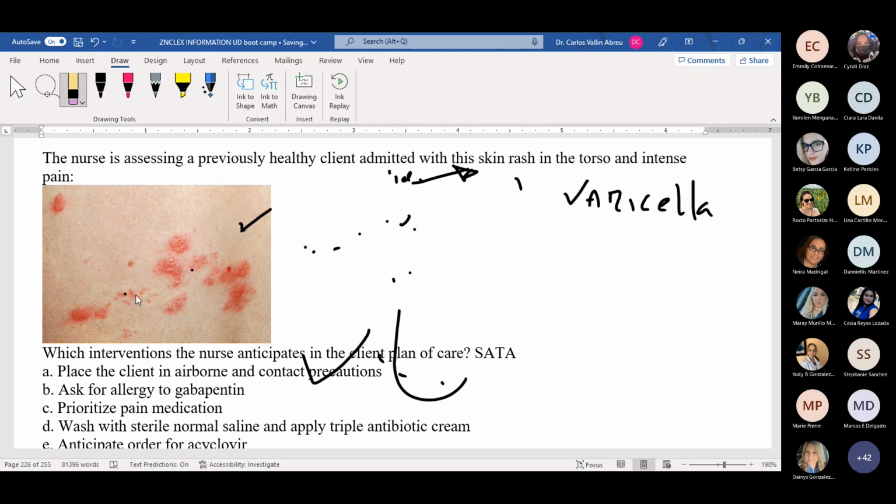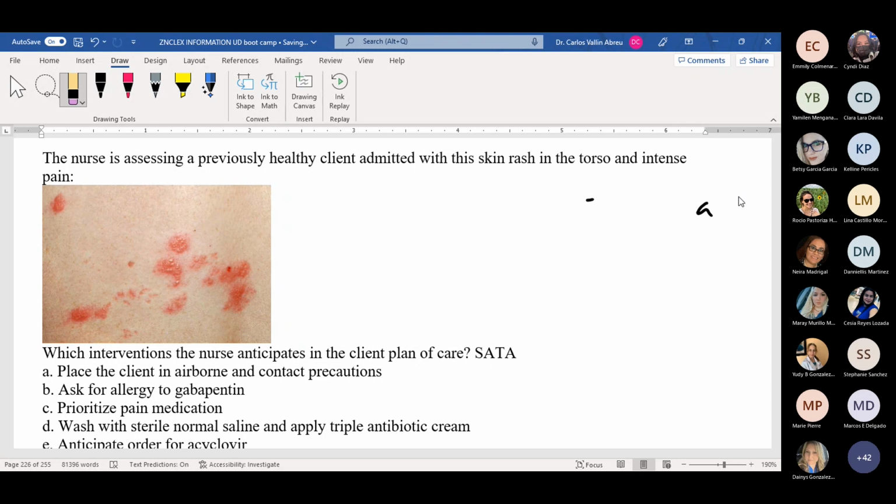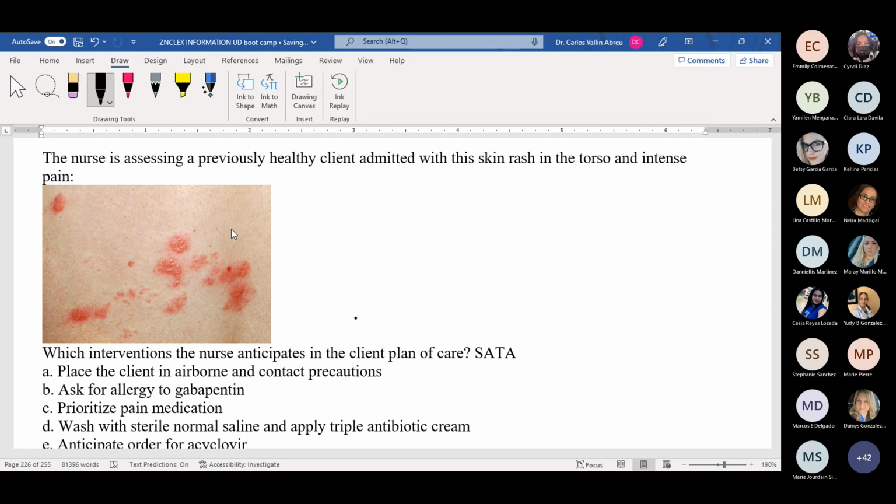In all my life, guys, I am old and I saw a lot of patients, I only saw that once in my life: a generalized disseminated herpes zoster in a patient with immune suppression. It's not frequent. The majority of shingles are those localized ones that are contact precaution.